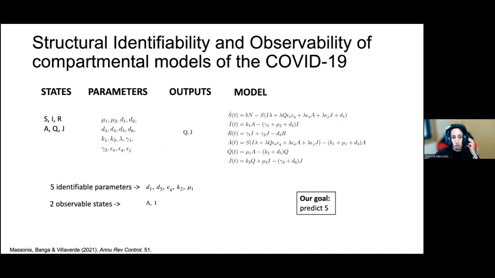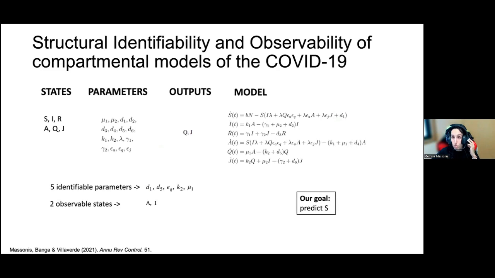In this model, we can only measure 2 outputs, and if we do our study, we see that we only have 5 identifiable parameters and 2 observable states. But our goal is to predict the state S, susceptible, but this state is not observable.